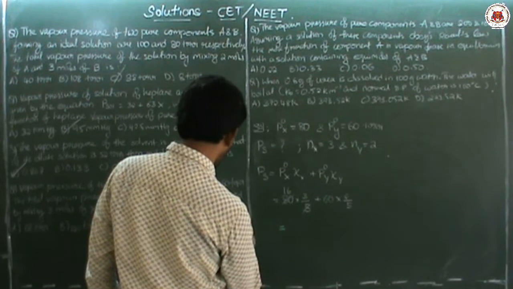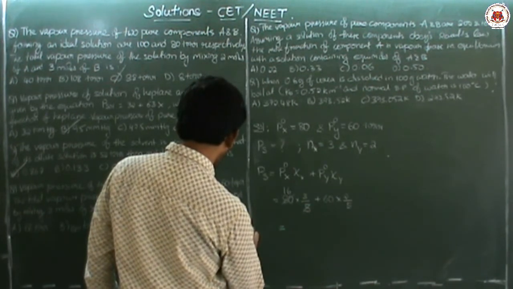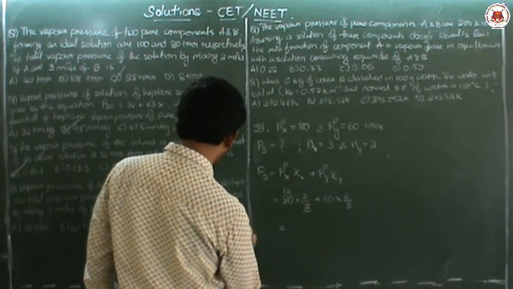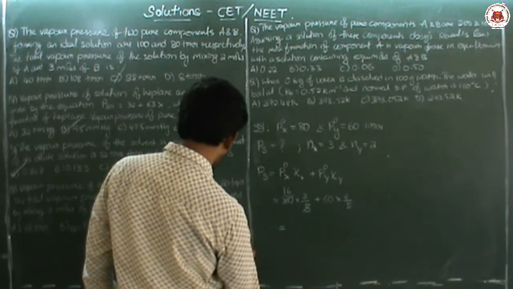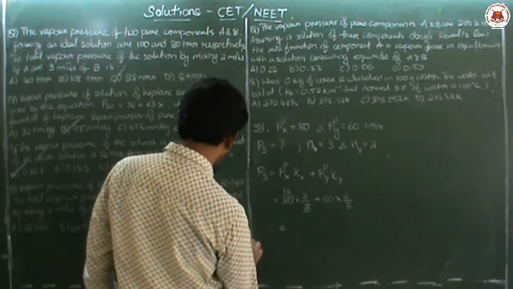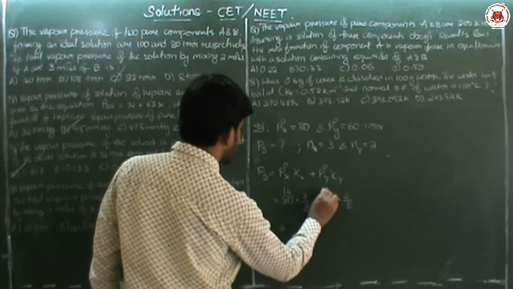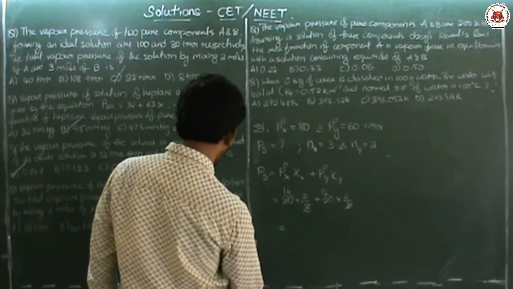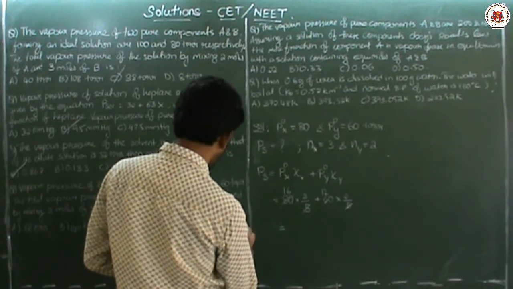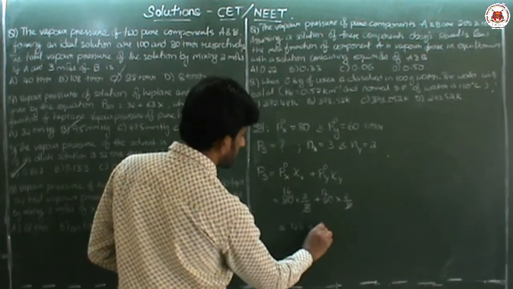And this is 12. So 16 times 3 is 48, plus it is 24.